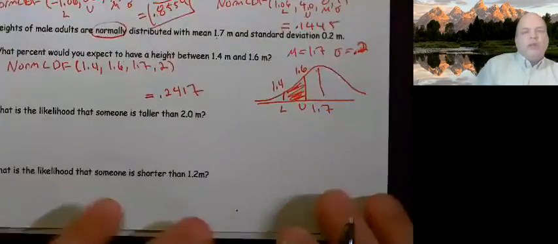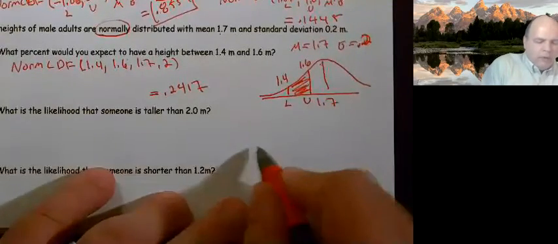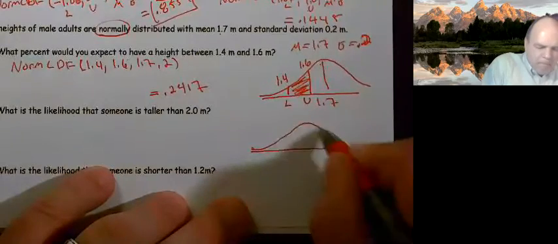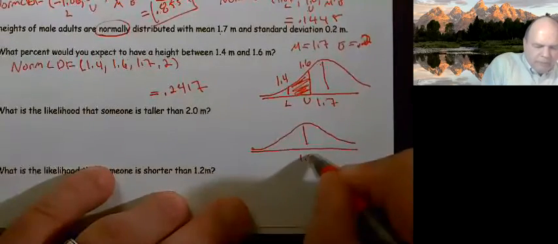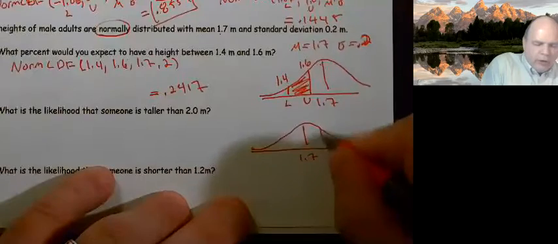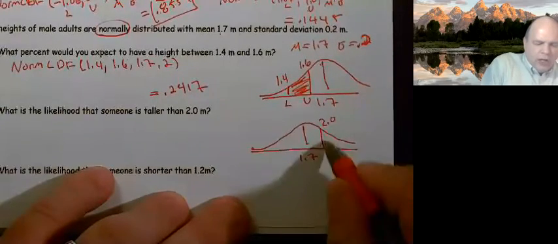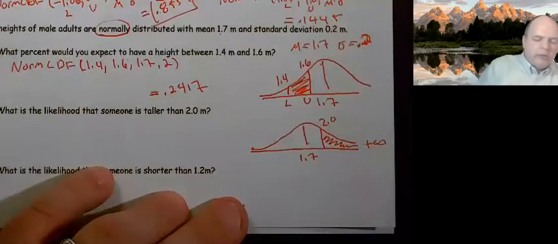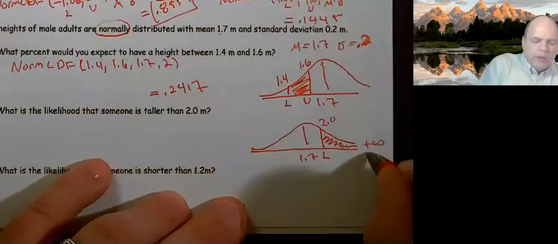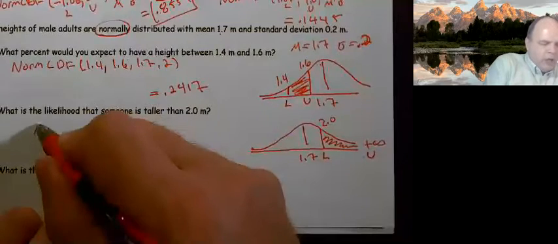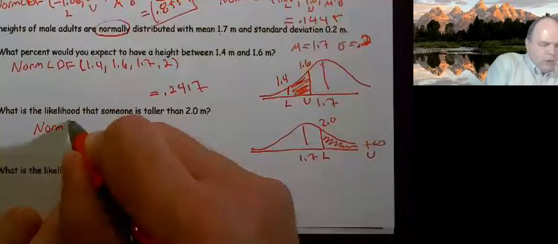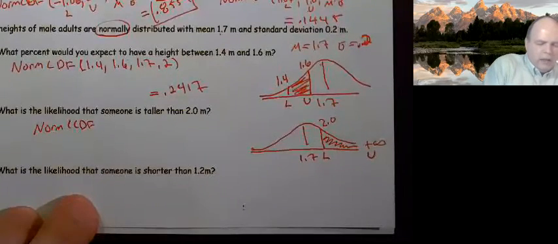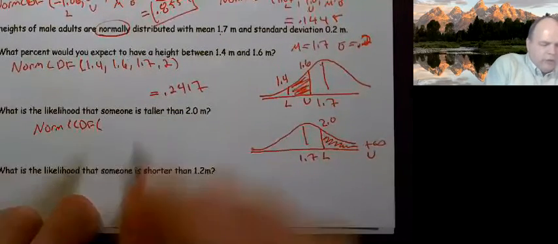What is the likelihood that they are taller than 2.0 meters? So once again, we go back and we redraw this. 1.7 and 2 meters is here. And we're shading up to positive infinity. And you're like, well, no one's infinity. And it's like, well, that's the part that's kind of theoretical. So this is my lower bound. This is my upper bound. So this is going to be a norm CDF. The lower bound in this case is 2.